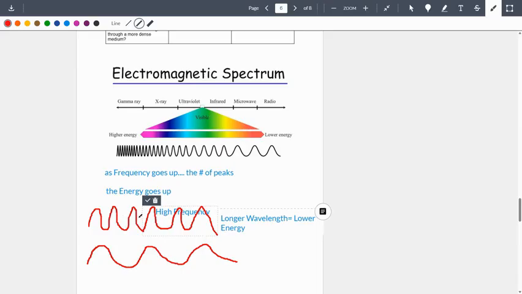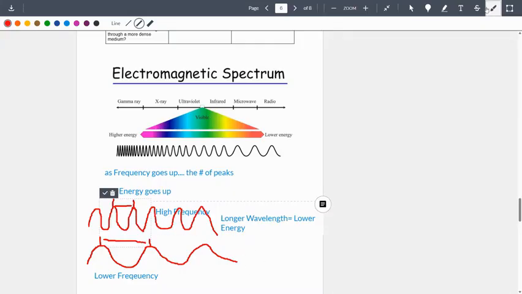So that's going to be high frequency. Down here, I've only got 3 peaks. So this would be a lower frequency. If I've got a lower frequency, the distance between these peaks is going to be a lot bigger. So the distance from the peaks goes up when the frequency goes down. This peak to peak is a lot smaller than this peak to this peak.